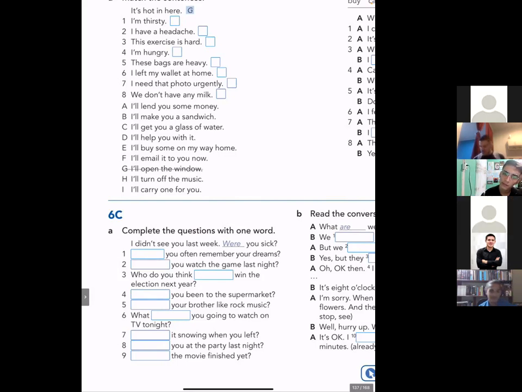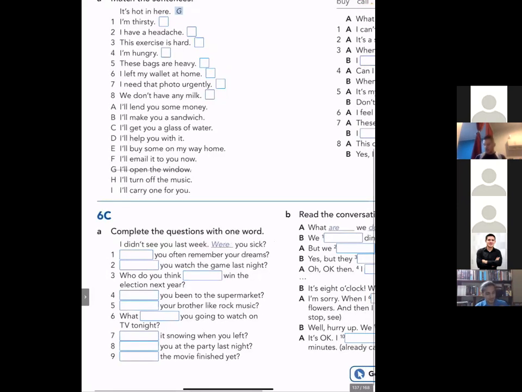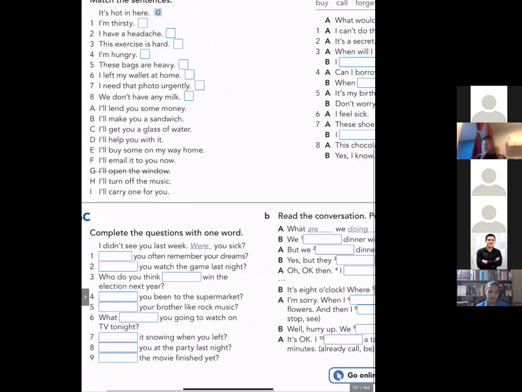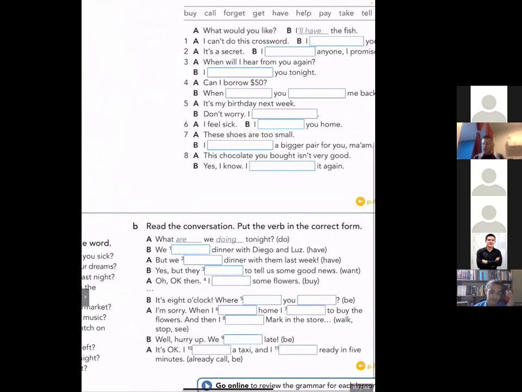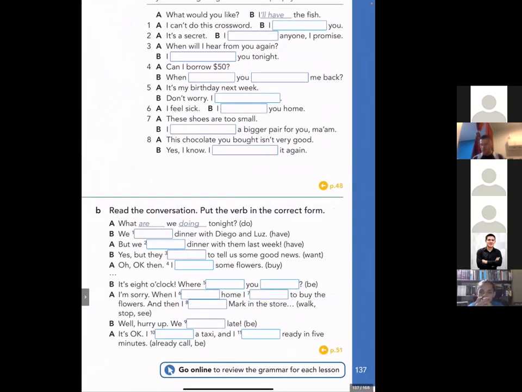And number 9, it says the movie finished yet. Has the movie finished yet? Exactly. Perfect. Let's try to do the following. Read the conversation. Put the verb in the correct form. A, what are we doing tonight?